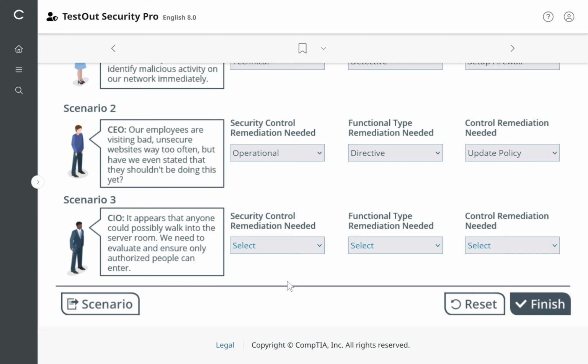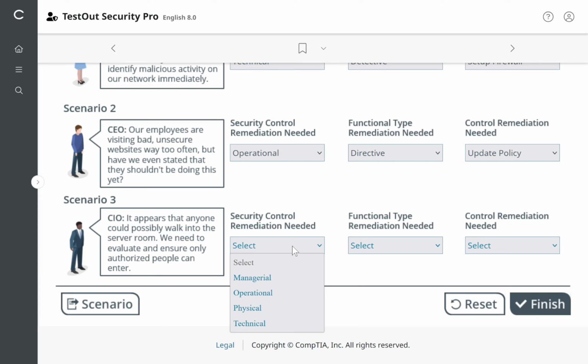So the security control remediation that is needed here, is it managerial? Is it operational? Is it physical? Is it technical?